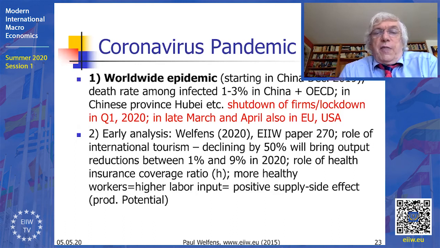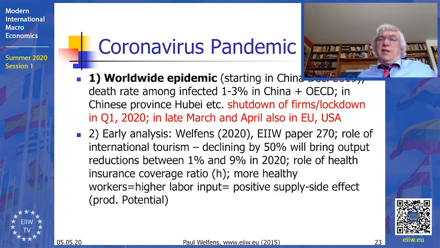Okay, so I was looking in this paper, which I have mentioned, the EIW working papers 270 and 272, at the role of international tourism. I was assuming this would decline by 50%, and if you just look at this single sector, which of course is important in certain countries, this brings output reductions between 1% and 9% in 2020.